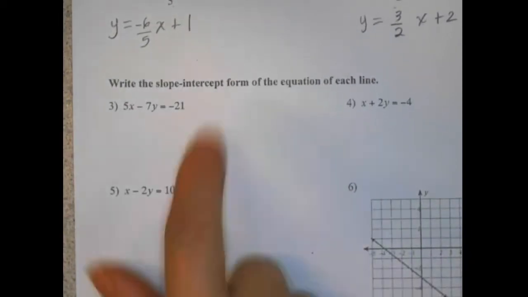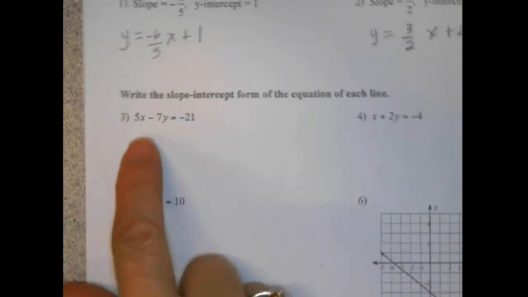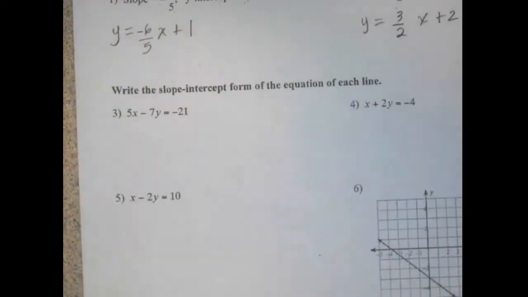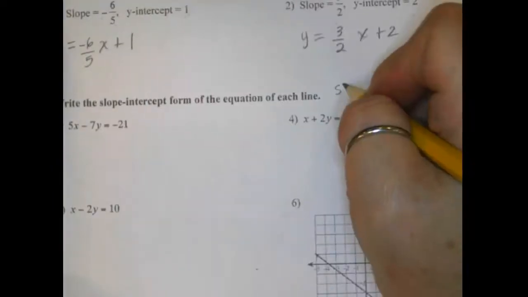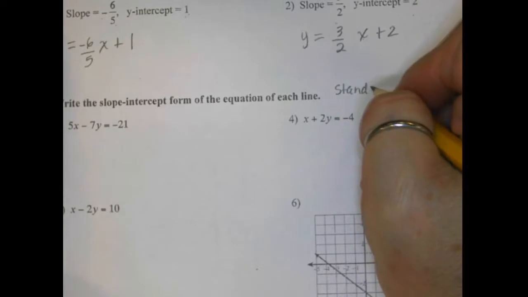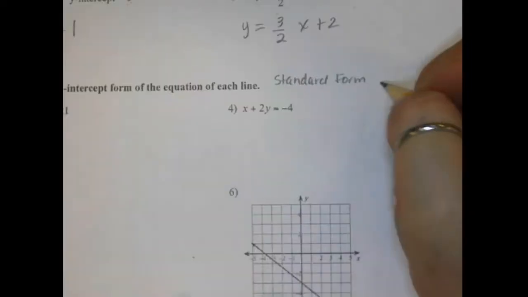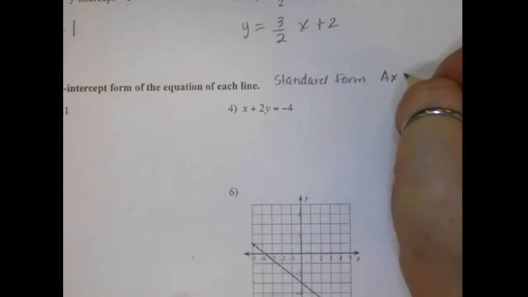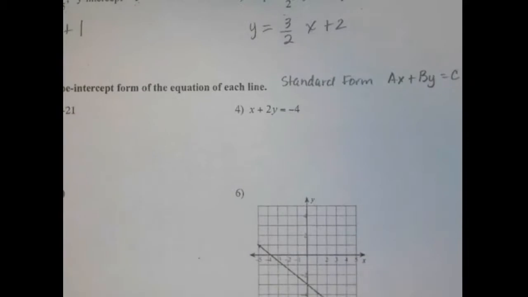Number 3 also wants us to write our slope-intercept form, but it is currently in what we call standard form. Okay, so right now it's in standard form, and I want you to write this down. Standard form is ax plus by equals c. That's standard form. Right now, our equations are in standard form. Okay.